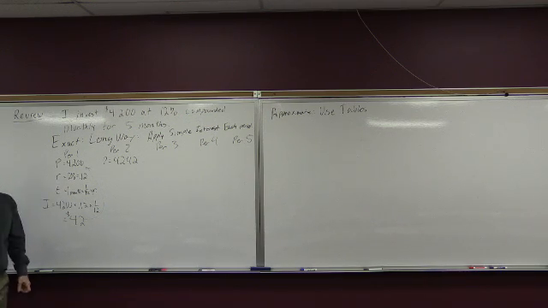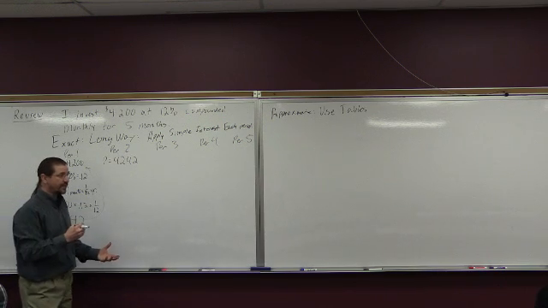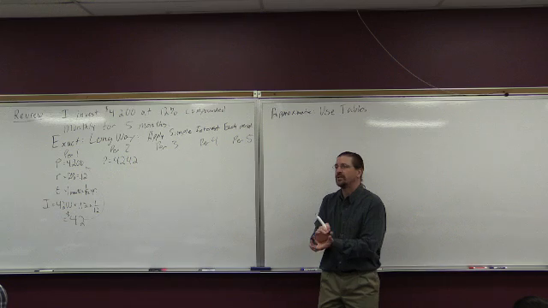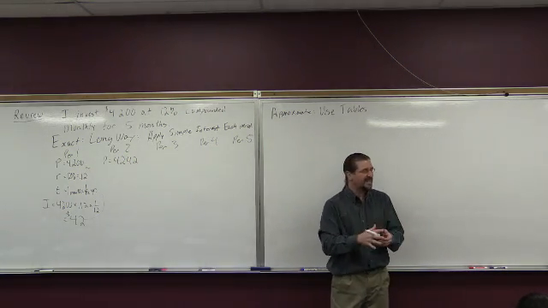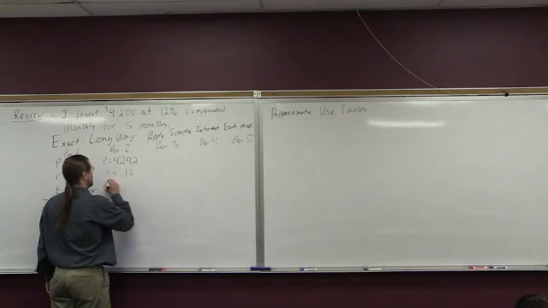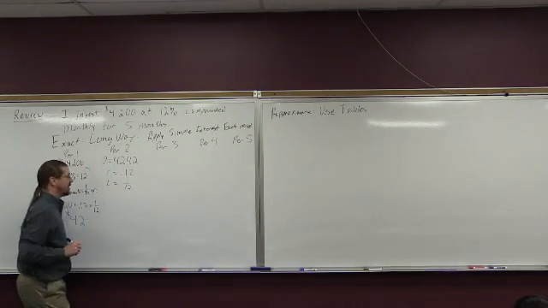What am I rating my time? The same, right? Again, the whole point of this is that we're rinsing and repeating with the same stuff every period. It doesn't change from period to period, so that's what makes it nice. So our rate is 0.12, our time is 1/12 of a year.